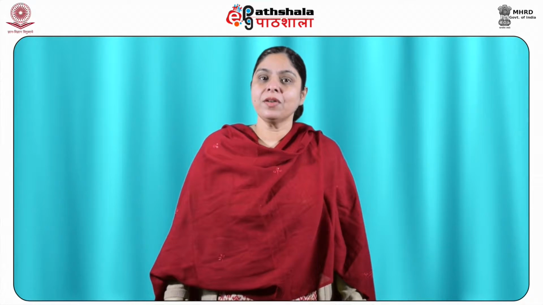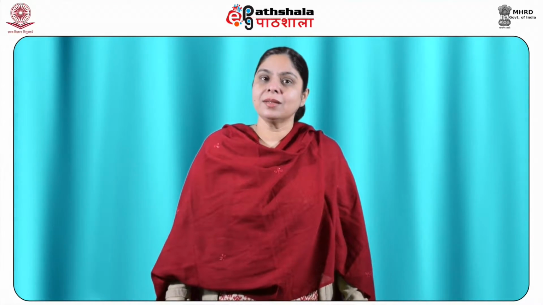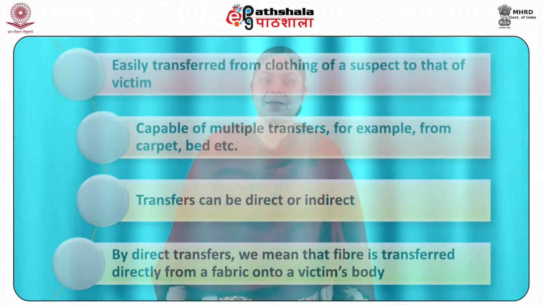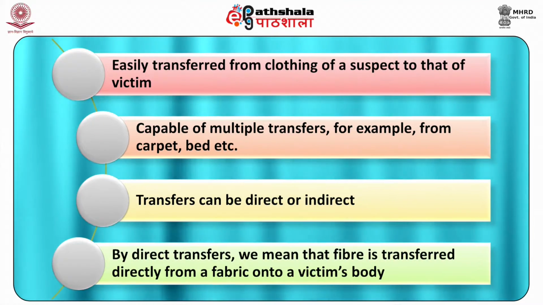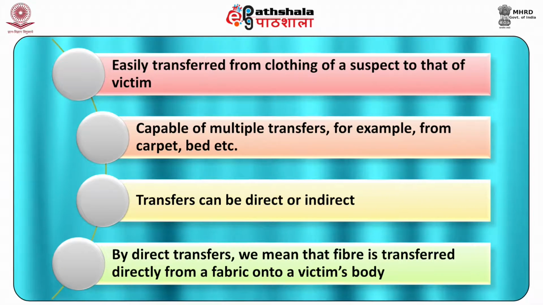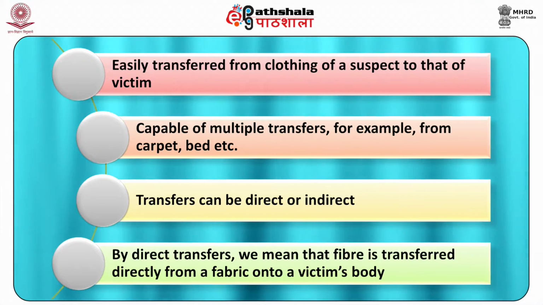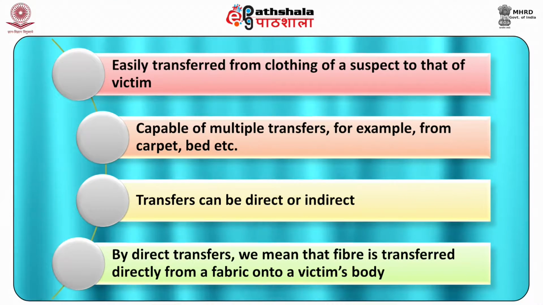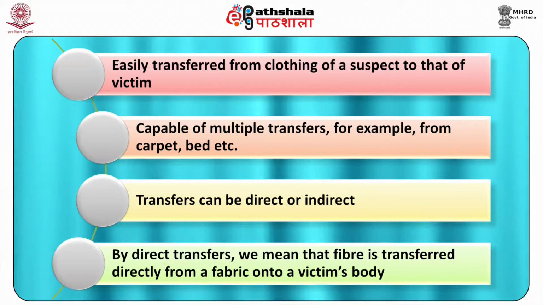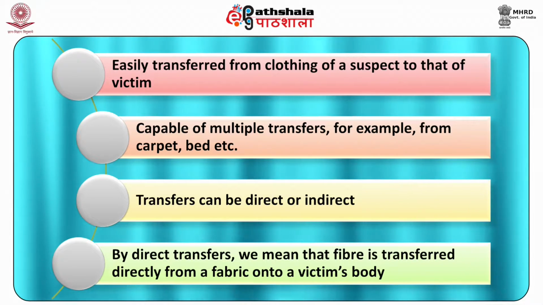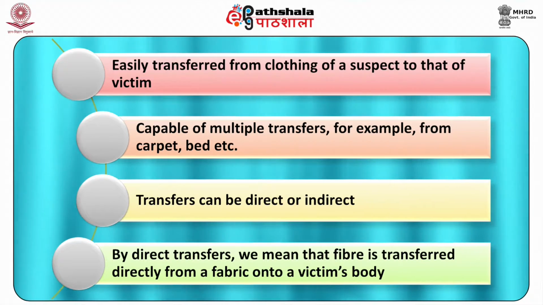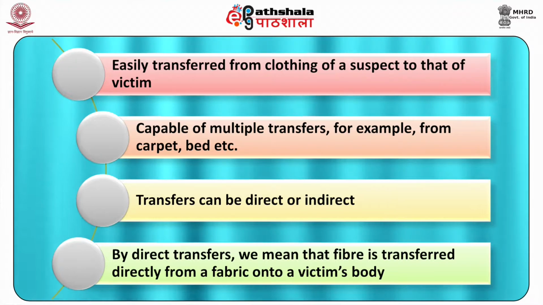There are several reasons for considering them a crucial set of forensic evidence. They are easily transferred from the clothing of a suspect to that of a victim. They are capable of multiple transfers also, for example, from carpet, bed, etc. to the suspect's clothing. These transfers can further be direct or indirect.